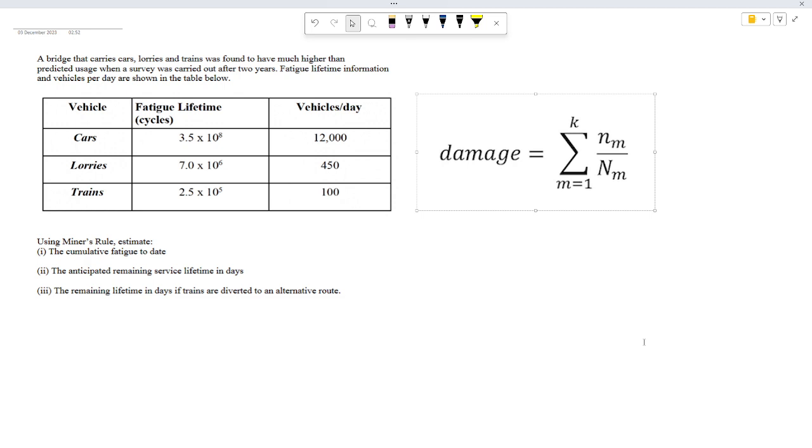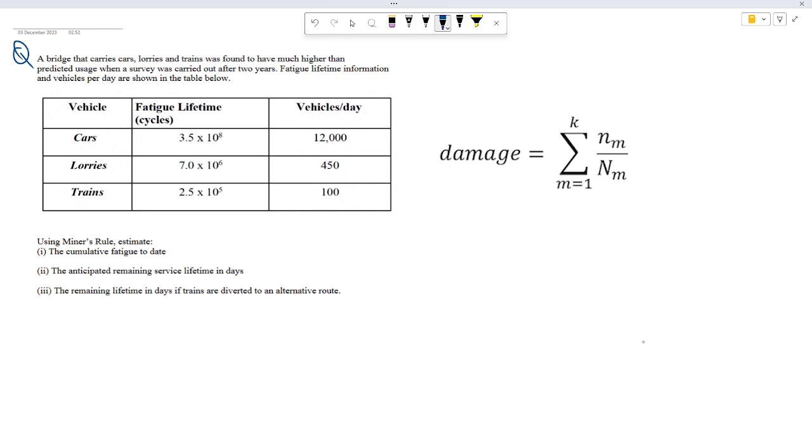Today, let's take a look at this question. A bridge that carries a car, lorries, and train was found to have much higher predicted usage when a survey was carried out.